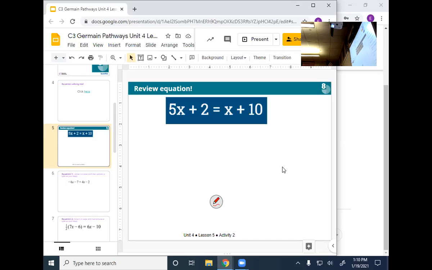The first step that we need to take here is we need to look at our two X values and decide which one is smaller. If I have just an X with no number in front of it, what number do we know is secretly hidden and written in front of there?